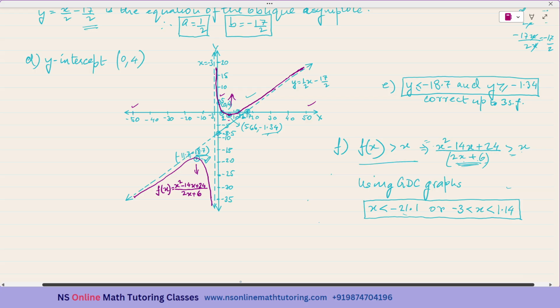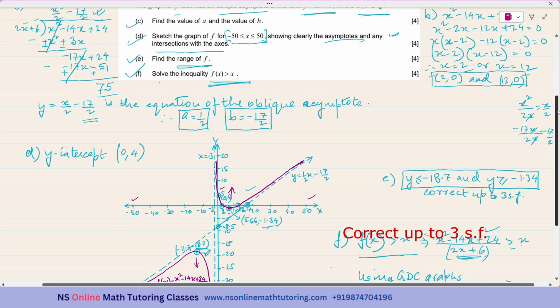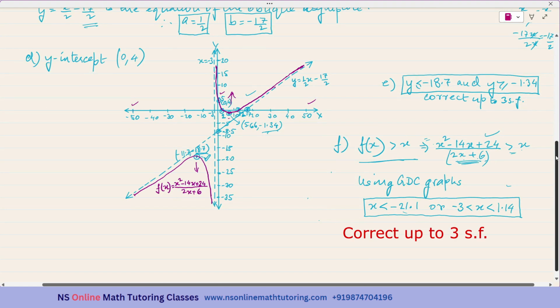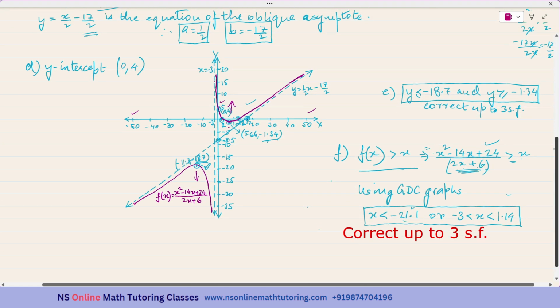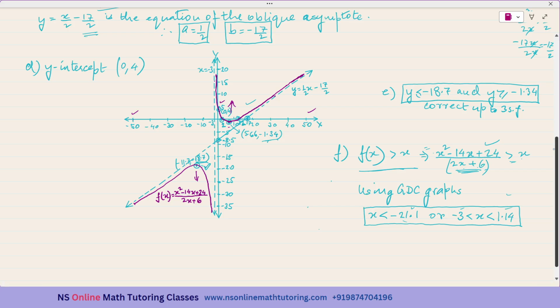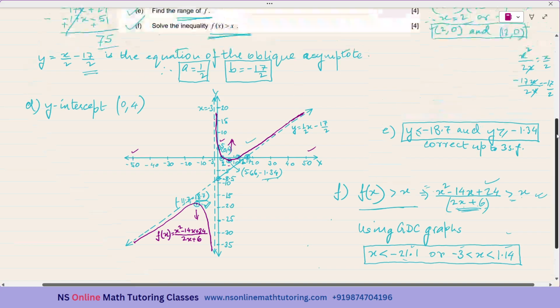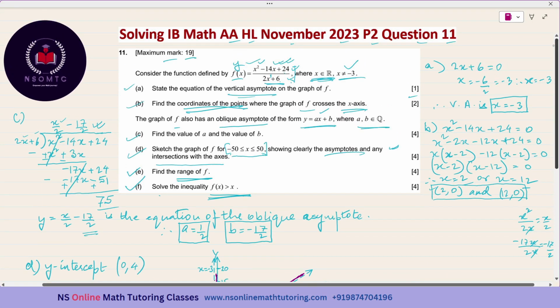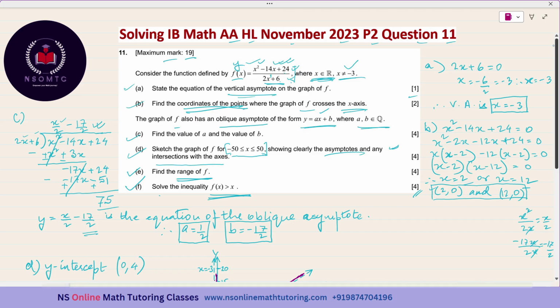First you give this inequality, then you say that we came to the answer using GDC graphs. I think it is sufficient, because this one is 1 mark, this another mark, this another, and we have written this inequality. So I think this is sufficient for 4 marks. Okay, so this was all for this question.